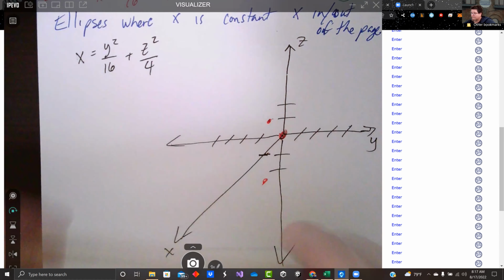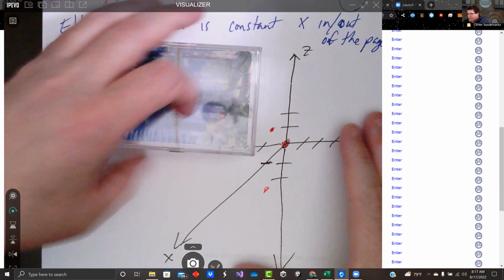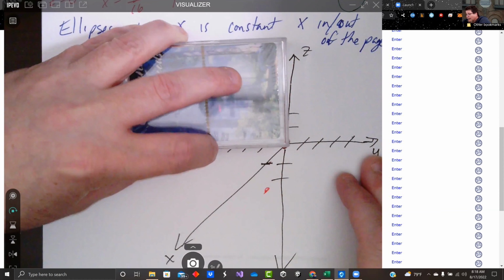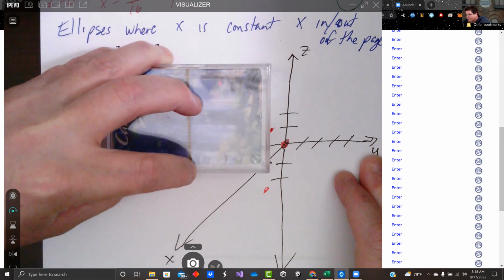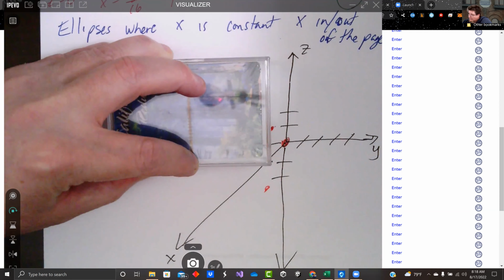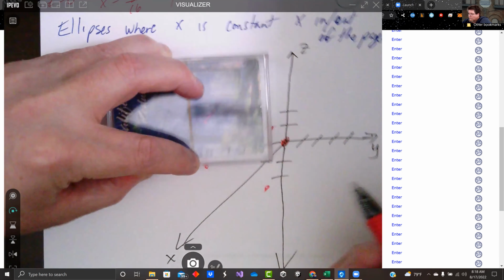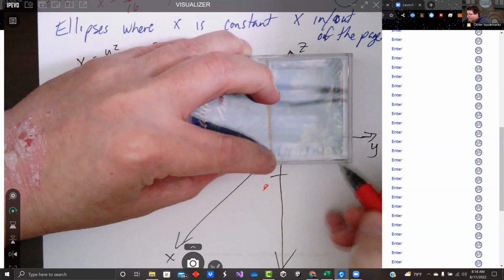So let's find something small, because that's too big. About that far, I want to go that far here. And I want to go that far there.